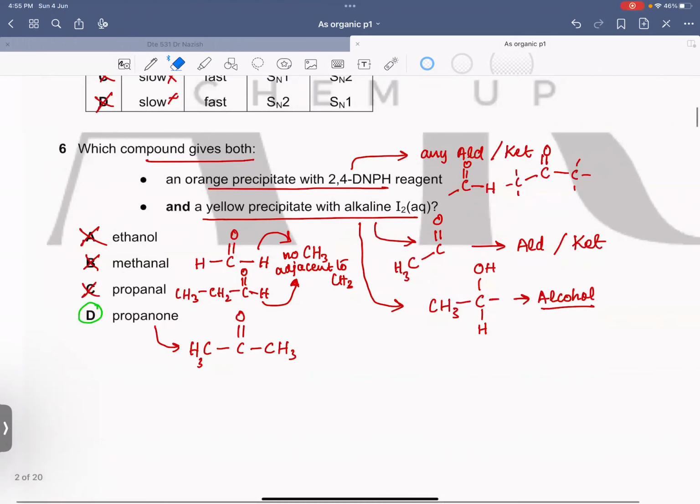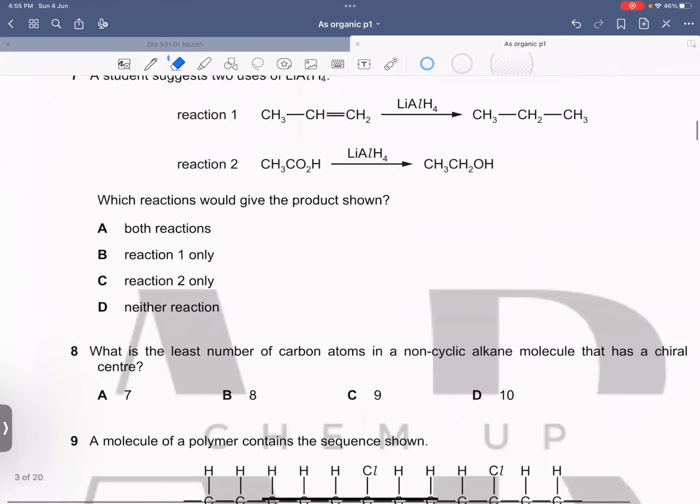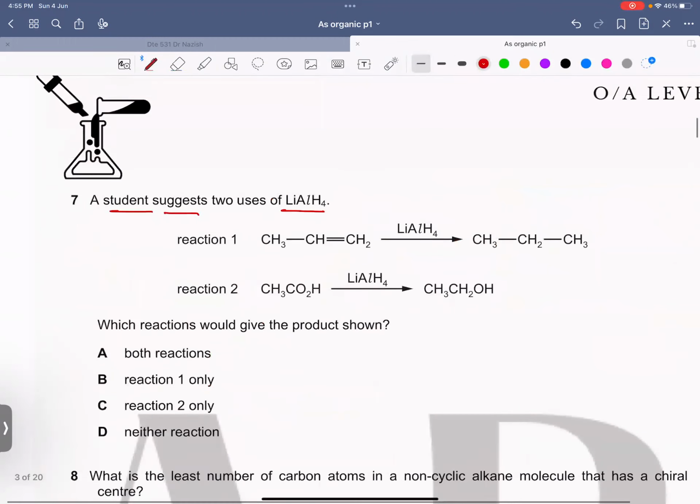Okay. Now, question number 7. A student suggests 2 uses of LiAlH4. So let me recall, LiAlH4 is what? It is a reducing agent.